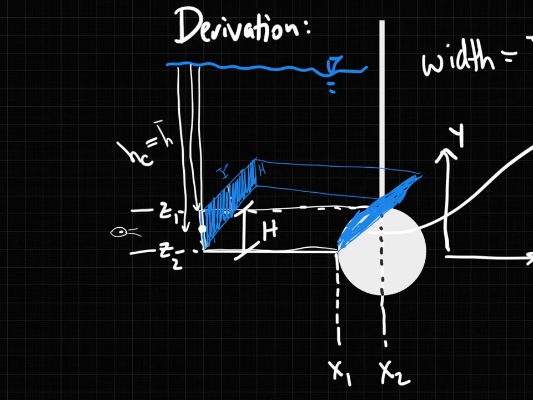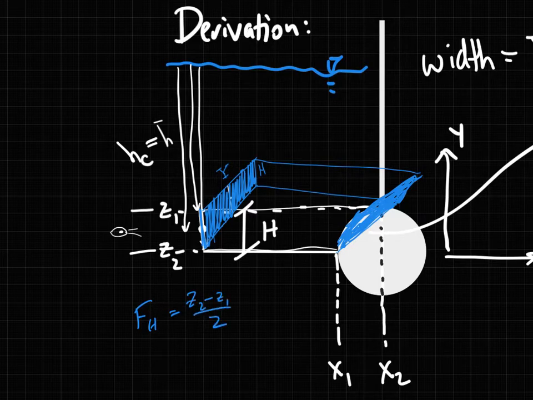That's a lot easier, right? Because all I need to know is how tall is this thing? It's H. How wide is it? It's Y. And how deep is it? That's going to be (Z2 minus Z1)/2.